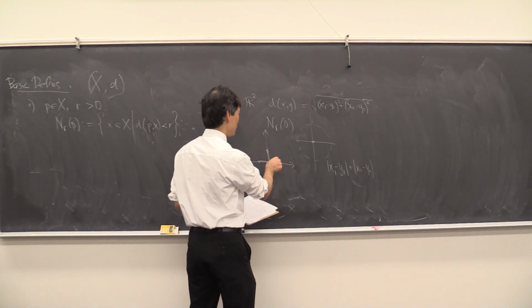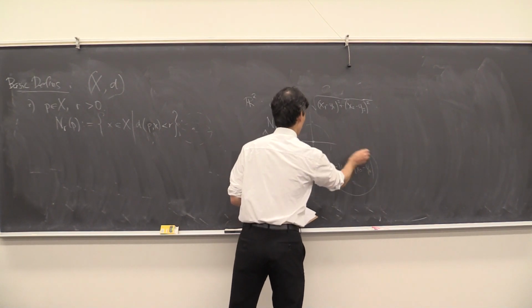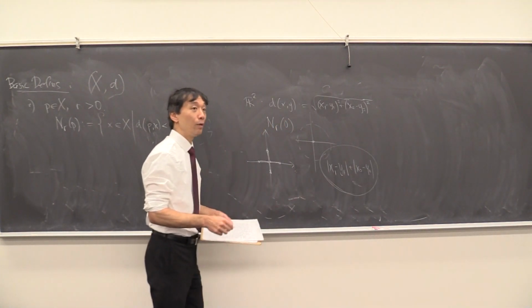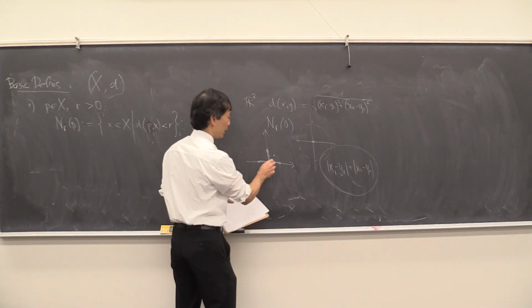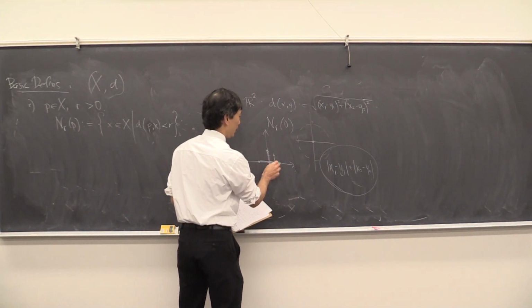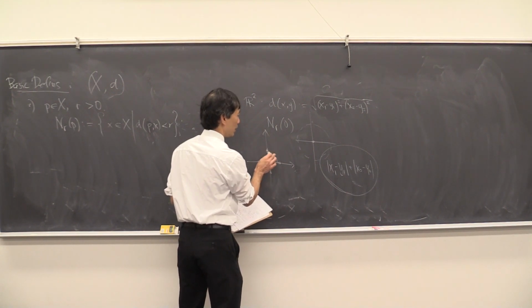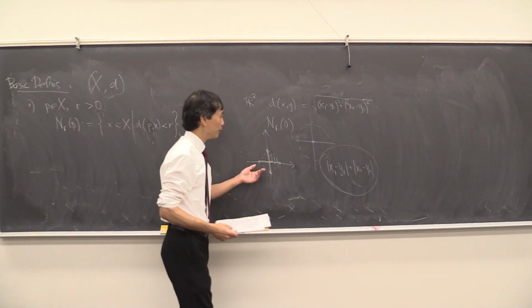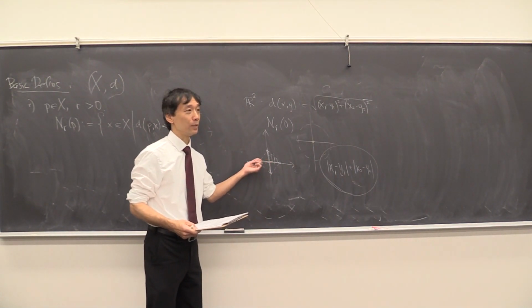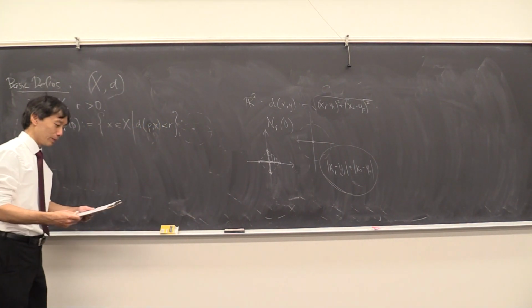Would that be distance 1 from the origin? Using this distance, then it'd be 1/2, 1/2. Yeah, 1/2, 1/2 would be distance 1 from the origin. And like 3/4, 1/4, or 1/4, 3/4. So you see that using this metric, the unit ball around the origin is this diamond shape. Okay, just for amusement.